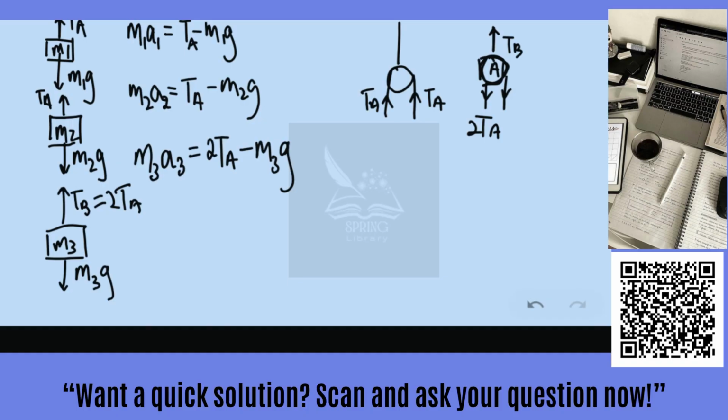So in order to solve this equation, what we'll need is to use the acceleration constraint which we have found earlier. That is 2 times a3 plus a2 plus a1 is equals to 0. We will substitute the values.